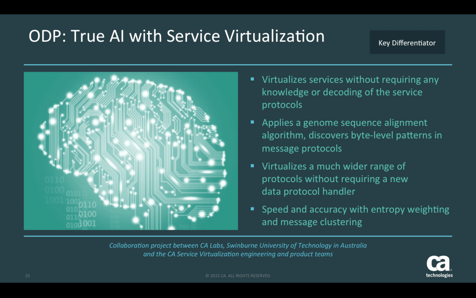It virtualizes, again, a much wider range of protocols without needing us to do that translation, and it's very quick and, of course, accurate. We've added something called entropy weighting that helps our algorithm get smarter. So it will say, hey, I've seen this term 6 times. It must be less change. It could be an operation, and it will learn that operation.